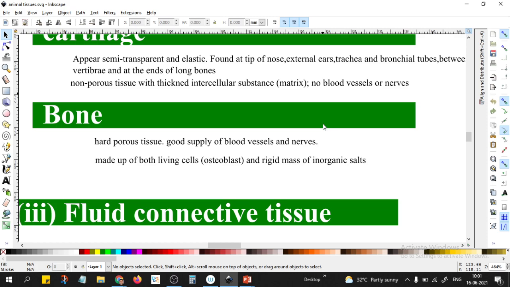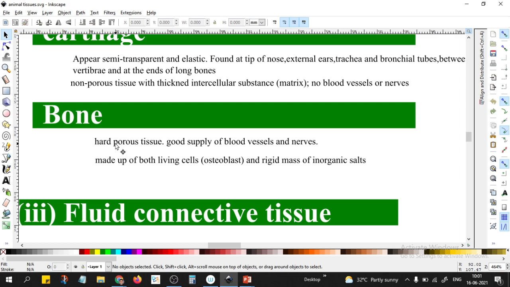So the bone is a hard porous tissue. It has a good supply of blood vessels and nerves, and it is made up of both living cells, known as osteoblasts, and a rigid mass of inorganic salts. This is also another favorite question: what are the living cells of the bone known as?